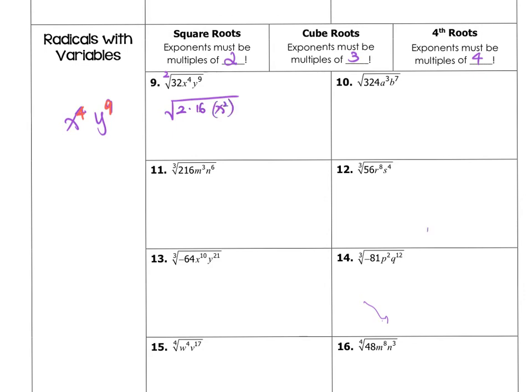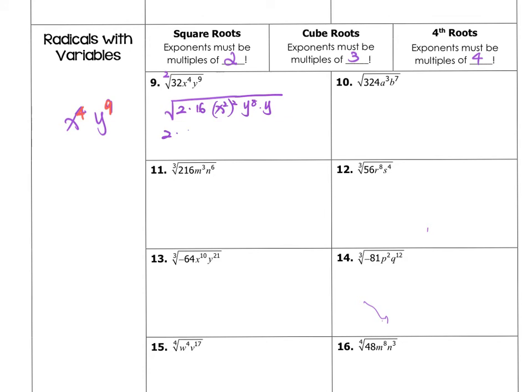And x raised to the 4th power, I'm going to do x squared squared. And y raised to the 9th power, I know I can rewrite that into y raised to the 8th power times y, right?